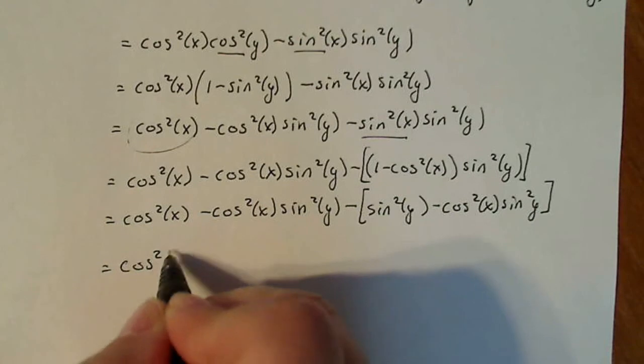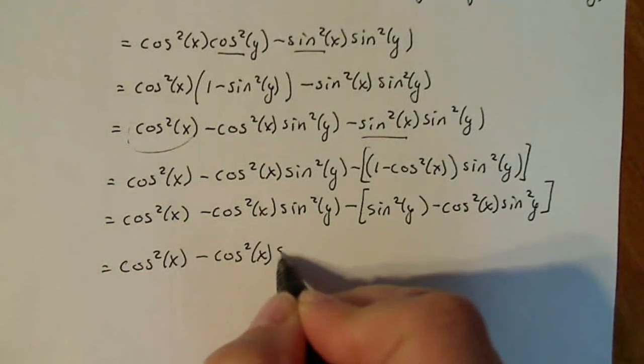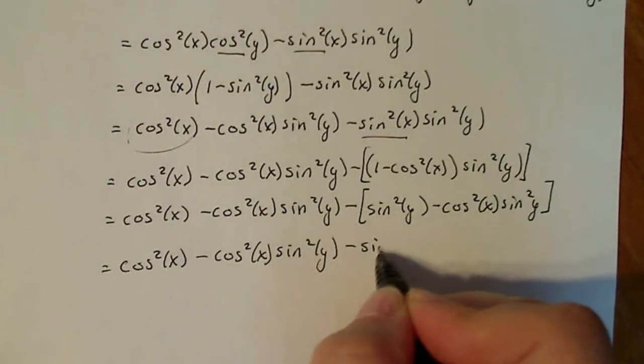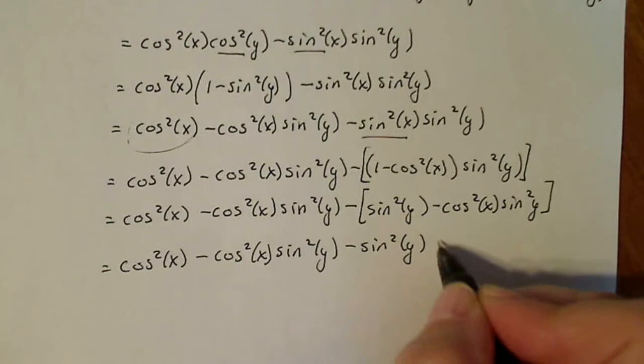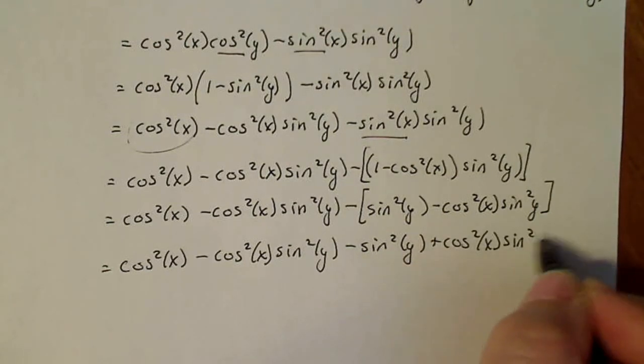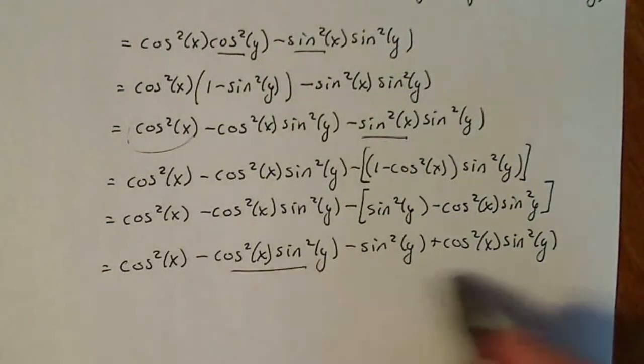So cosine squared x, again, I'm going to take it slow here, and some of you may see where this is going, but don't worry about it. I'm going to distribute the negative, so I make sure I don't make any mistakes. And I notice that this term and this term are the same.